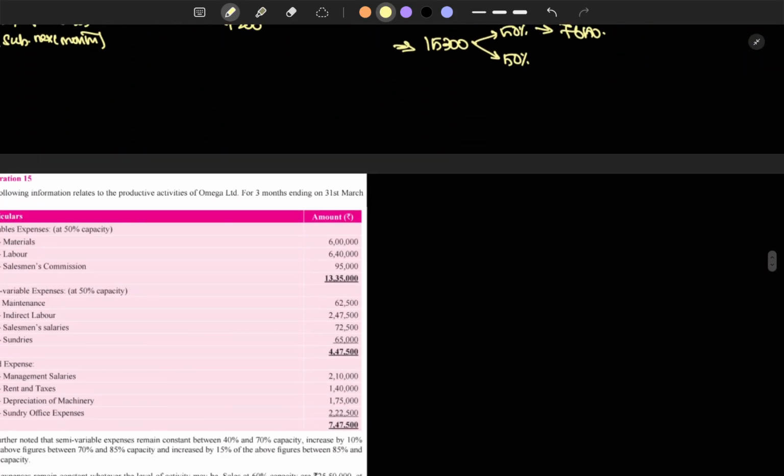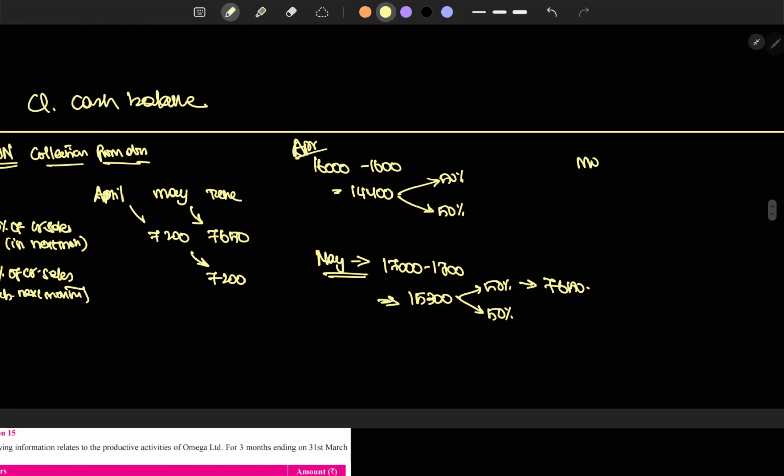March is 15,000, right? 15,000 minus 1,500, which is 13,500, divisible by 2, which is 6,750. From March sales we are receiving 6,750 during April and 6,750 during May.